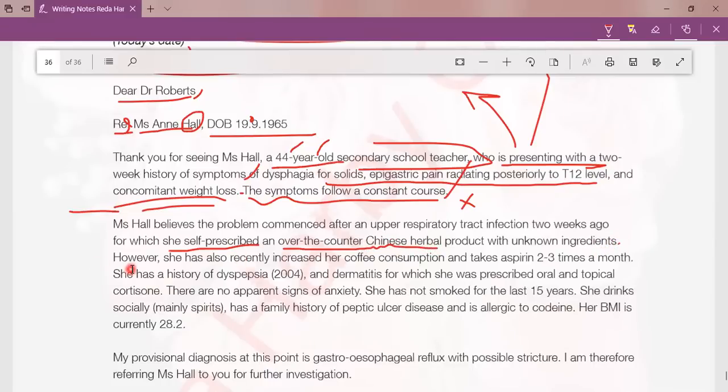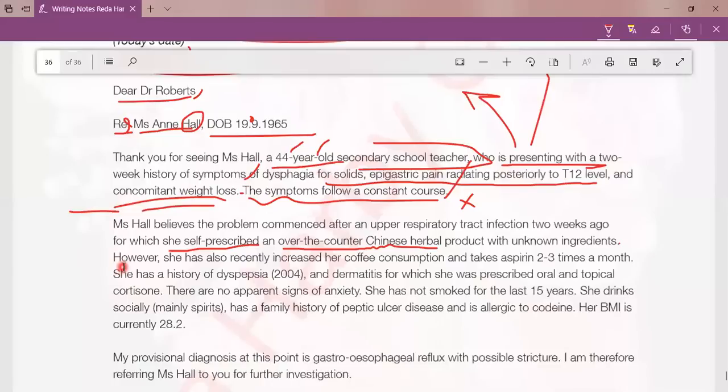After that, however, she has also recently increased her coffee consumption. Look, this is called fancy words. I will show you how to use punctuation and how to use commas in the previous file.